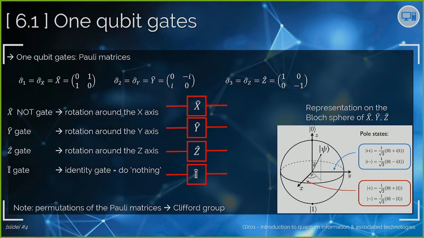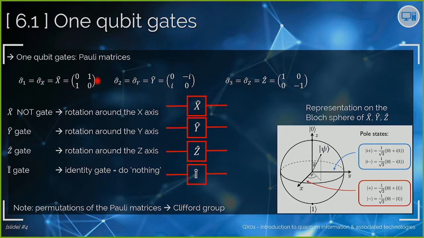So, quantum gates. The first type of quantum gates that one can make are 1 qubit quantum gates. And we've seen some of them already. They are the Pauli matrices. So first we started to call them sigma 1, sigma 2, and sigma 3.